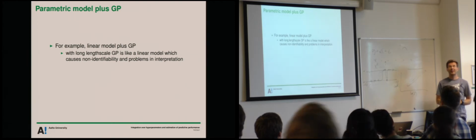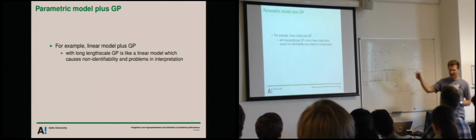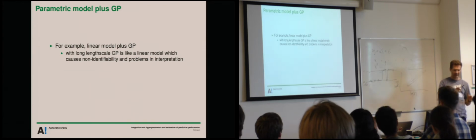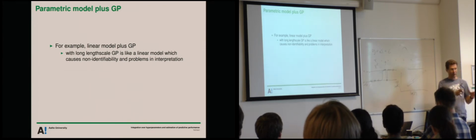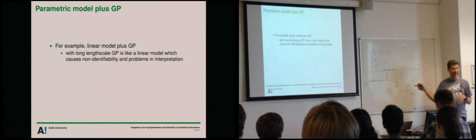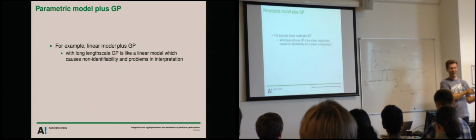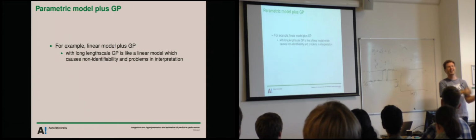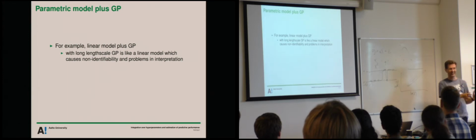Even then, if you have a linear model, you would restrict the length scale so that the GP would model only the nonlinearities. Still, looking at the length scale would favor more nonlinear inputs to be added to the model. So it's still the interpretation; it's not good to think about the length scale as relevance. It's good to think that it's about the nonlinearity.